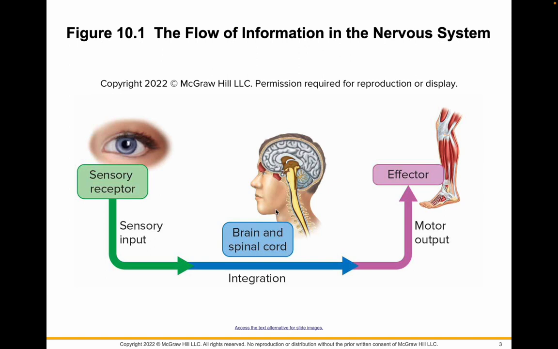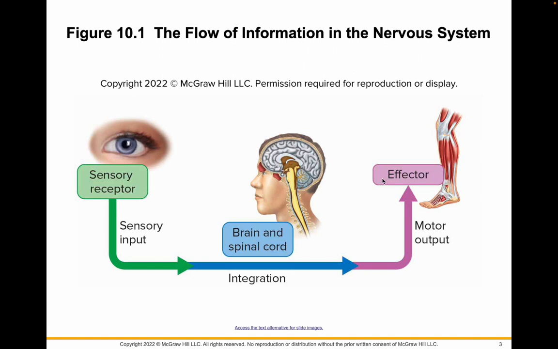And the brain and spinal cord take in the sensory information and kind of decide where this information needs to continue and what the response should be. A very complicated process, and then it sends it to the peripheral nervous system again, where we call this motor output, and it talks to the effector cells. What cells are going to be affected by this sensory input? And so, like we mentioned, it will be muscles and glands usually.